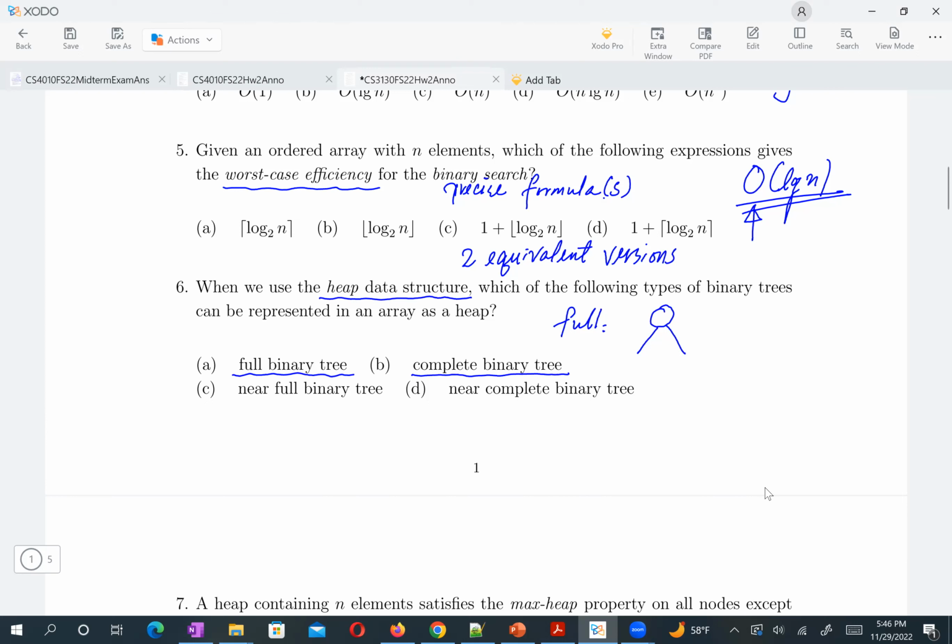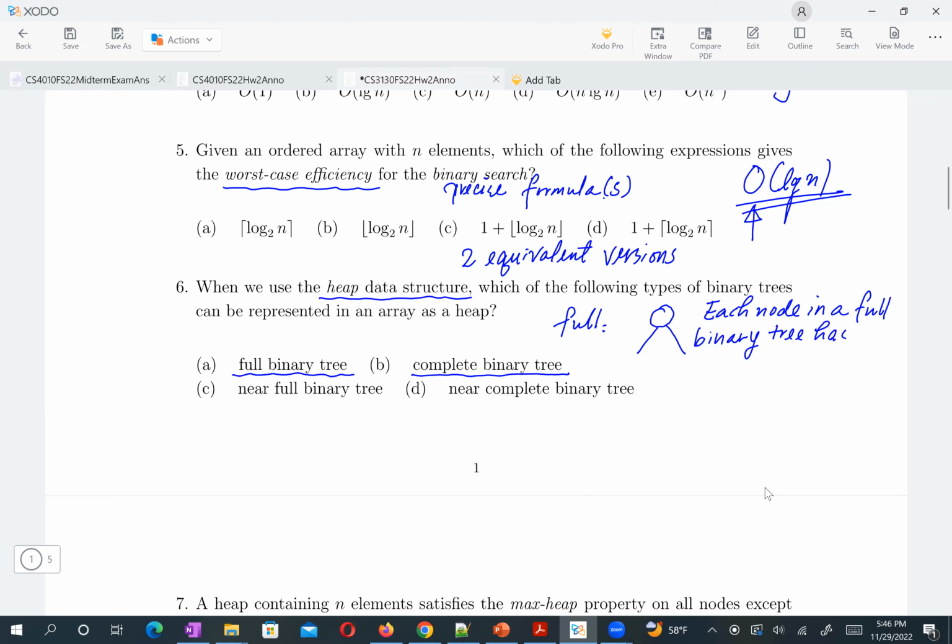The main property of this type of binary trees: each node in a full binary tree has either 0 or 2 child nodes.